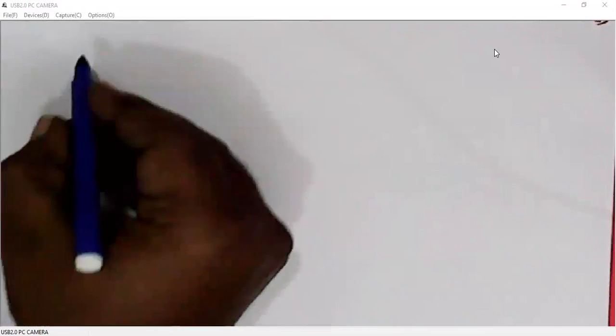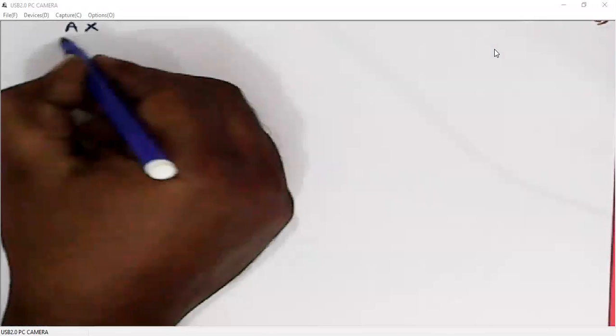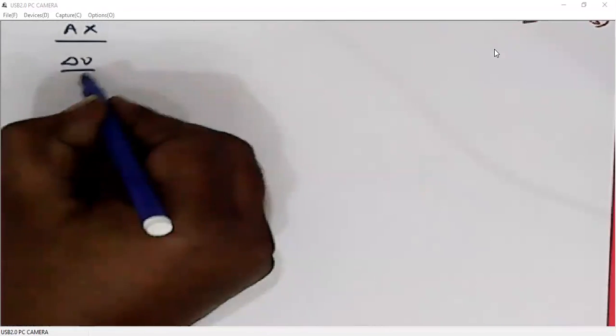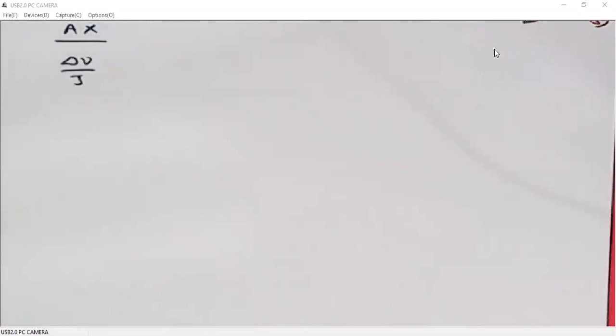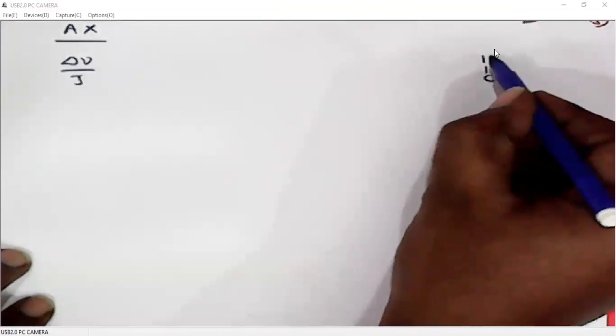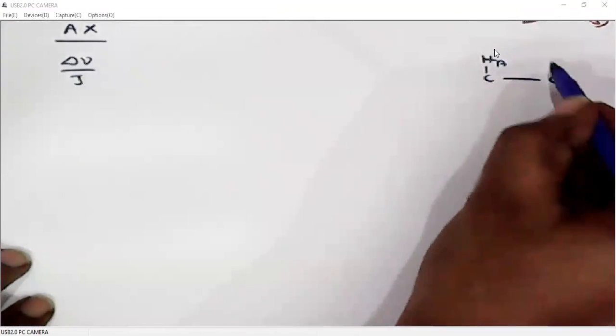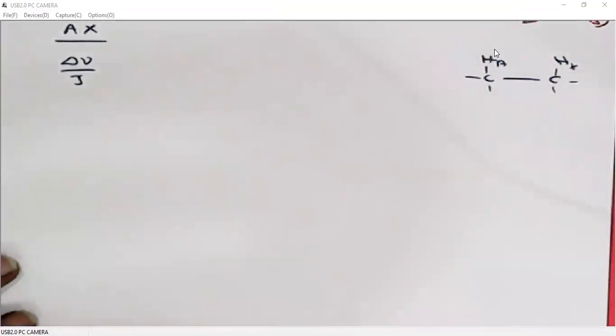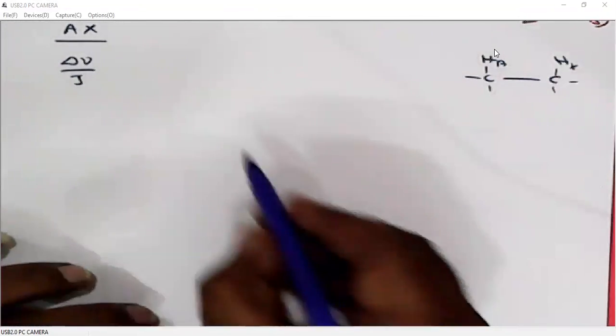Now we will look at the AX type system. Generally for AX type, as I said, delta nu by J is greater than 6 because it is a first order spectrum. So when we say AX, as indicated in the previous case, we have two protons, indicated as HA and HX.